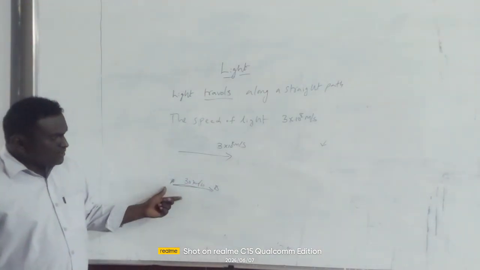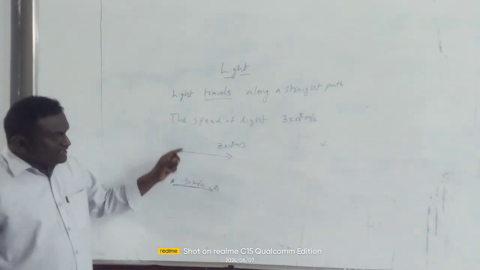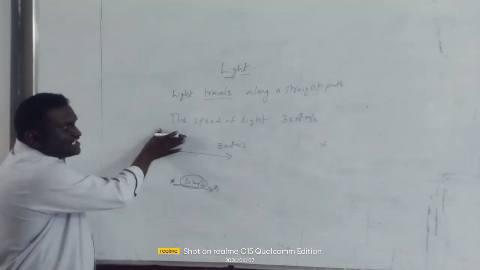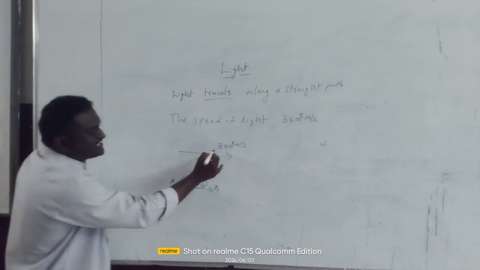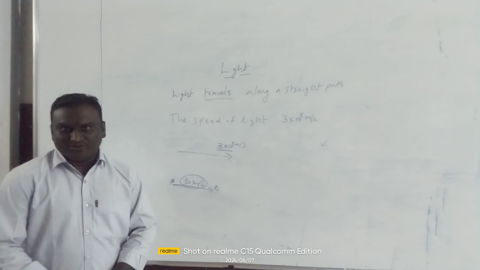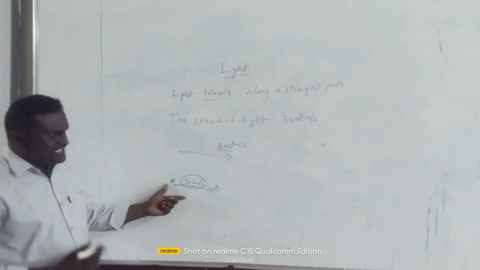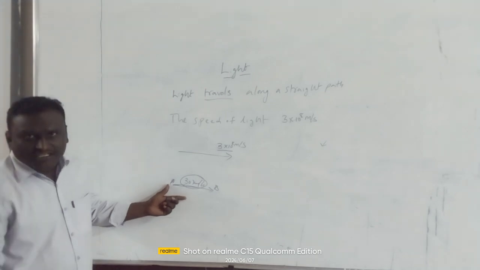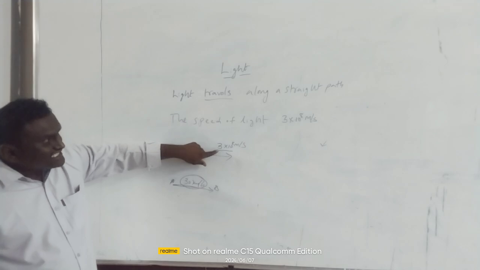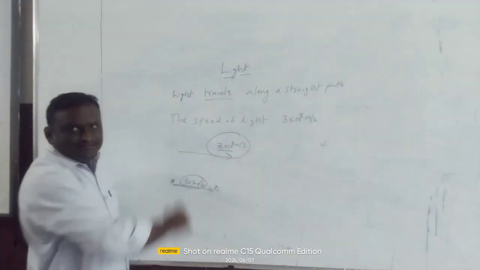This speed can change to 40, 50 or 60. But the speed of light is a constant value, 3 into 10 power of 8 meters per second. This is a practical value.